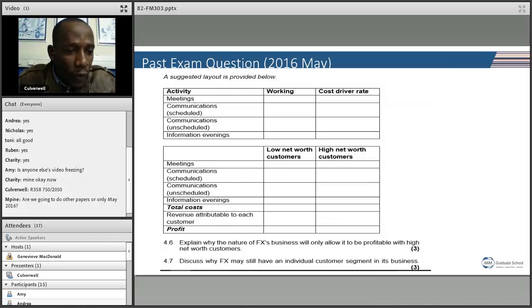We are going to do the May 2016 because of the time, and of importance there, guys, it is the concepts. The concepts are exactly the same. The only thing that is going to change is the scenario given. Instead of them giving you company FX, they'll give you company Calverwell.